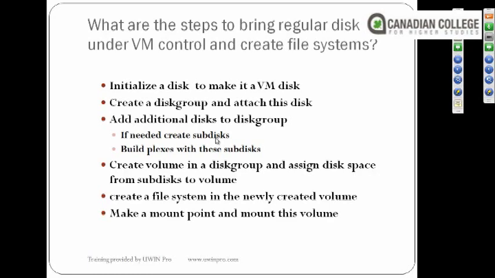These are two disks which are part of our disk group. The condition for a subdisk is that it should be a continuous portion of the disk. I can't take one piece from one disk and another piece from another disk. It has to be continuous in one disk.